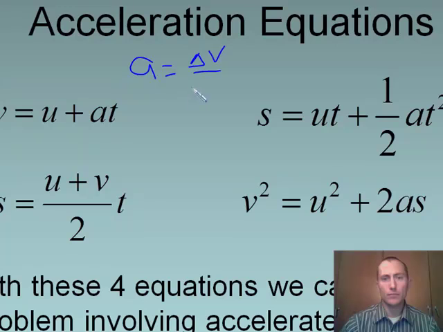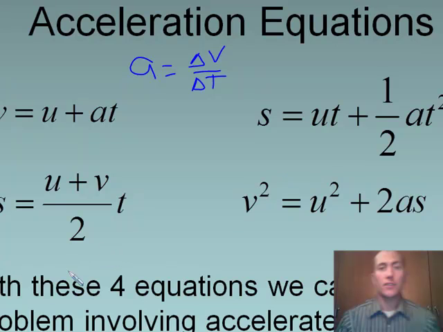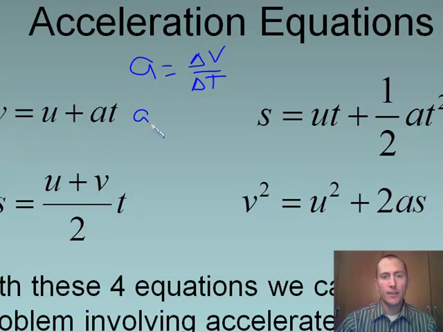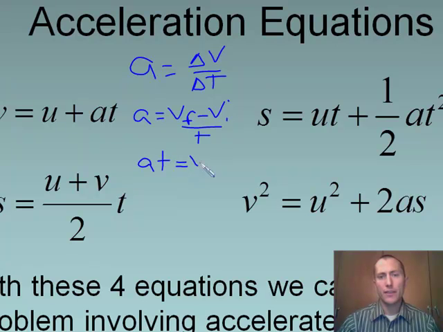And if we do a little deriving, if we expand this delta v, we get a equals vf minus vi over t. If we multiply both sides of the equation by t, we get at equals vf minus vi, and if we add the initial velocity to both sides, we end up with our final velocity equals our initial velocity plus at.